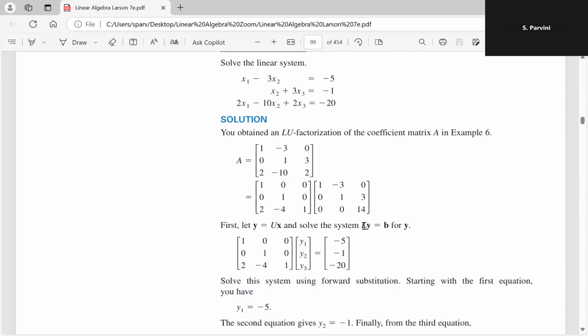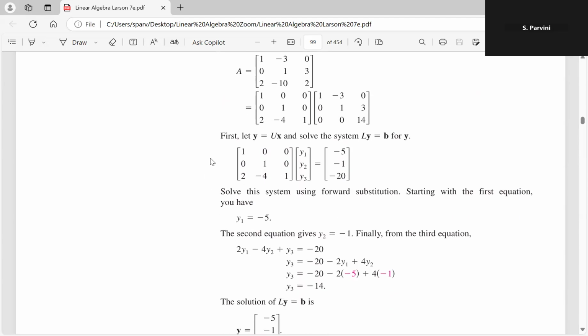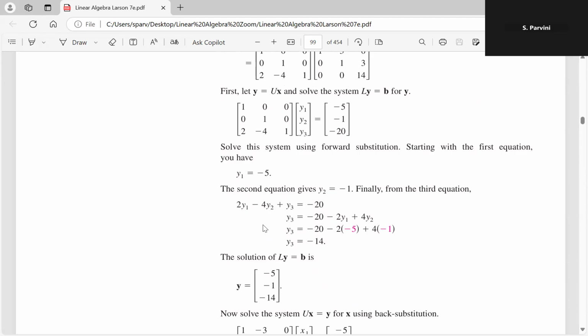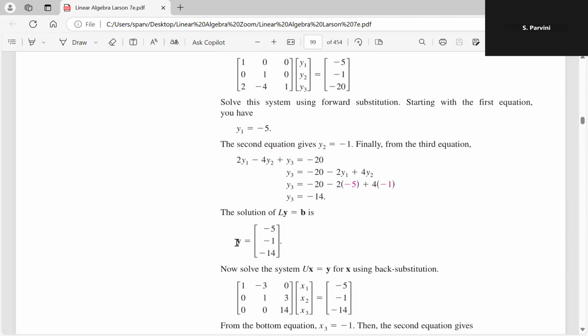This Ly, lower times y equals B. So you can solve the system. We can do this using Gauss-Jordan. So we solve the system, and this is how he solves it. Here's y1, here's y3, and this is the solution to y. So let's say we can get the solution from the software.